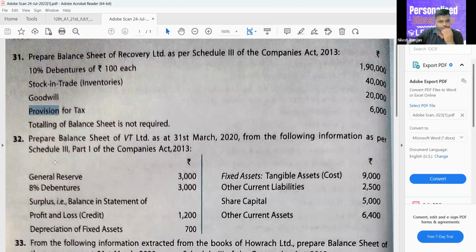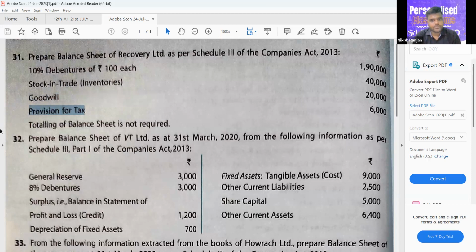Only 4 items are given. The 10% debenture will go to non-current liabilities. Stock in trade will go to current assets under inventory. Goodwill will go to intangible assets under property, plant and equipment or non-current assets. And provision for tax is under current liabilities, other current liabilities, short-term provisions.